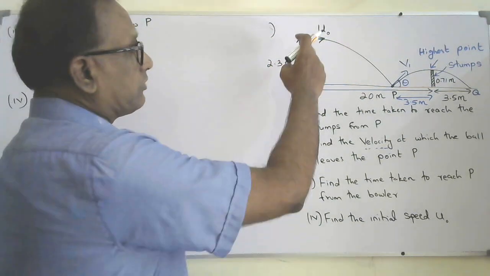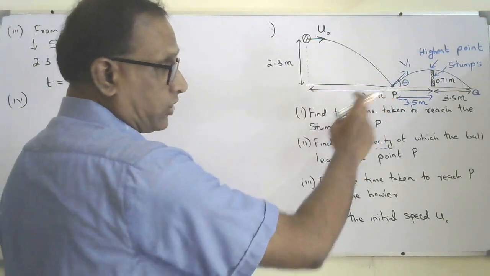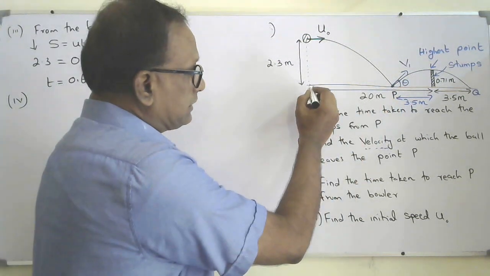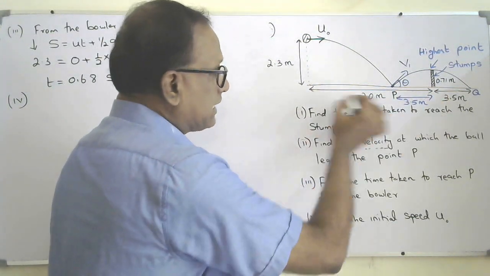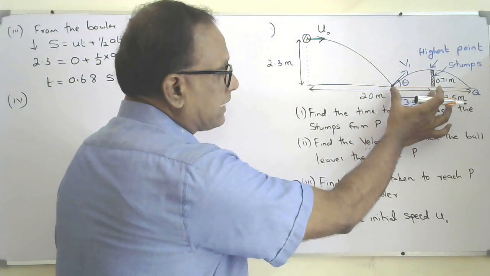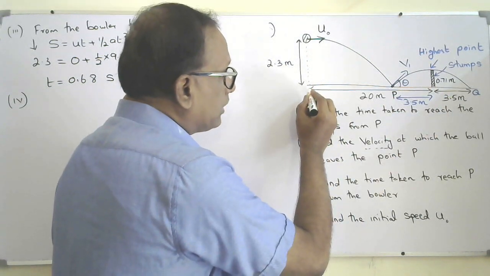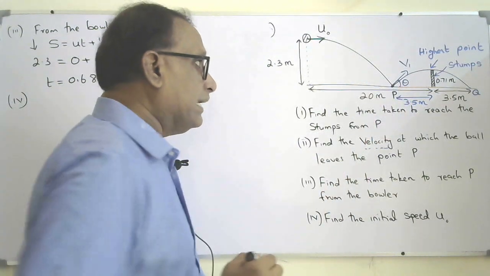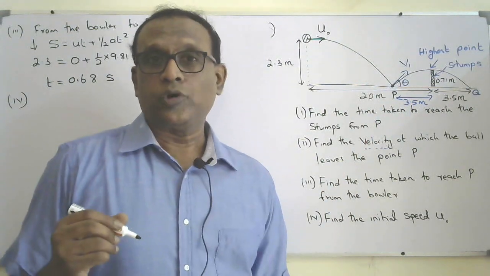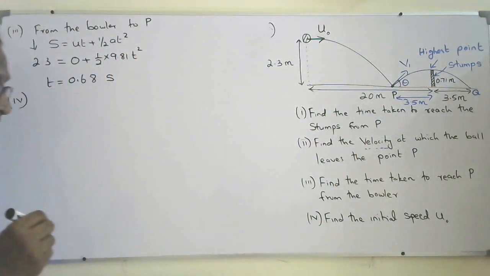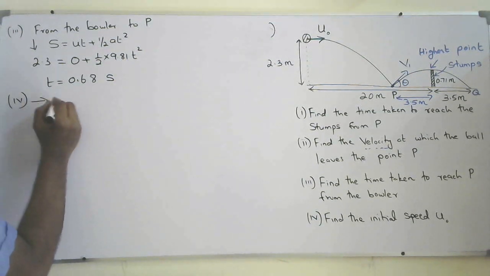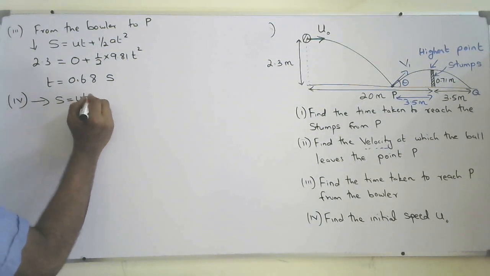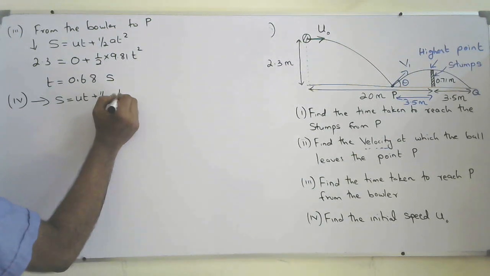So consider the motion from the bowler to P horizontally. From the position of the bowler to the stumps is 20 meters. This is 3.5. So from the bowler to P will be 20 minus 3.5, that will be 16.5 meters. So horizontally use S equal ut plus half at squared.